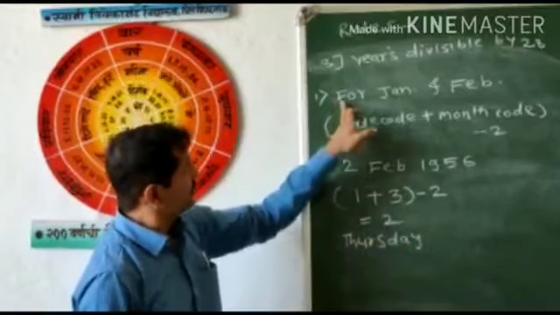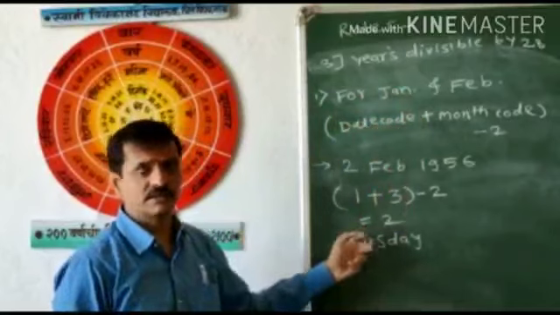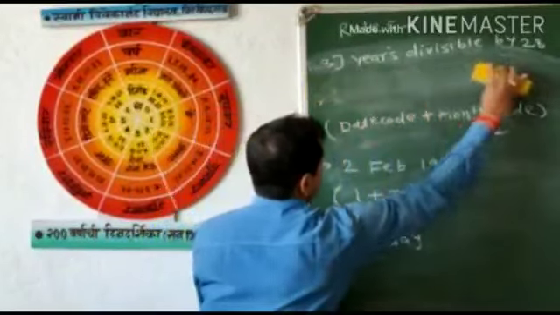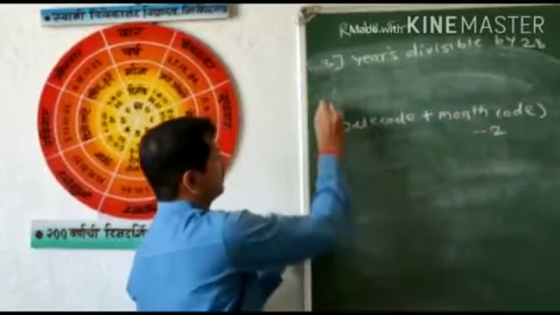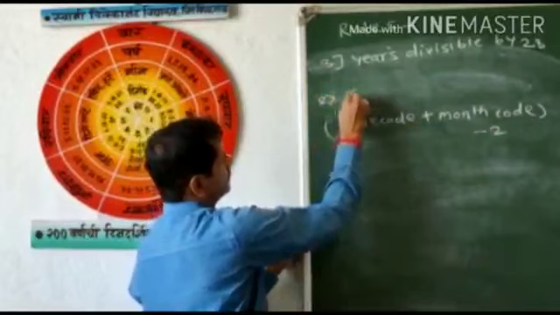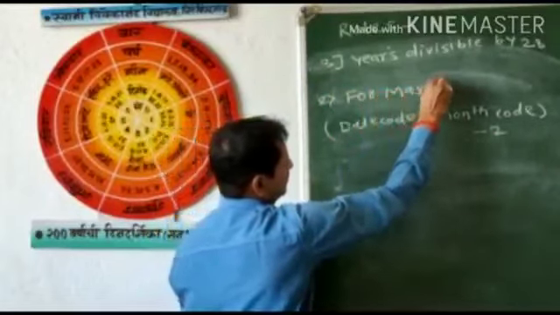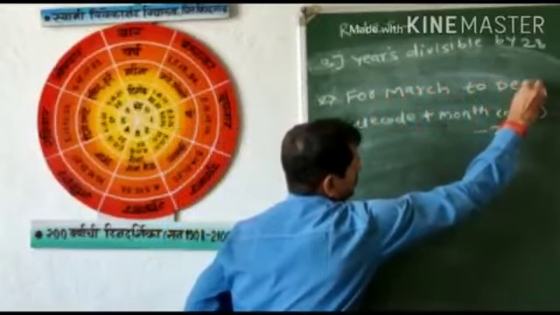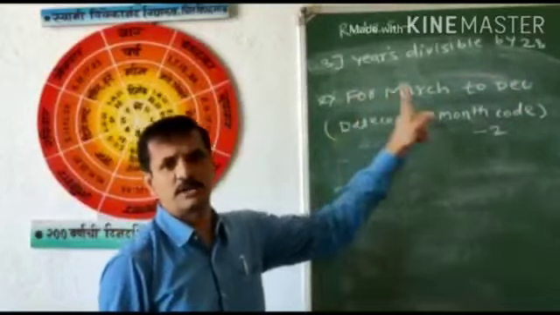Again, this rule is applicable for January and February months. Except January and February, that means for the other months, there is now a formula change.